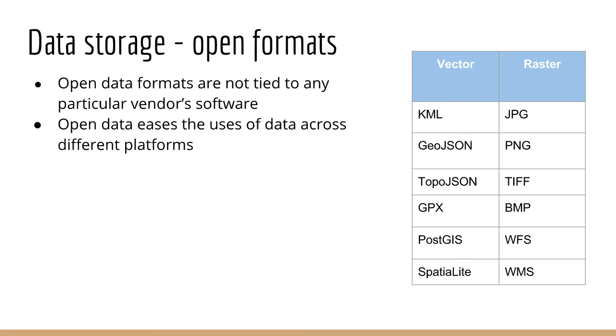KML stands for Keyhole Markup Language. It's a lot like HTML. It's a markup language. You can open the file and easily read it. It's a human readable data format.